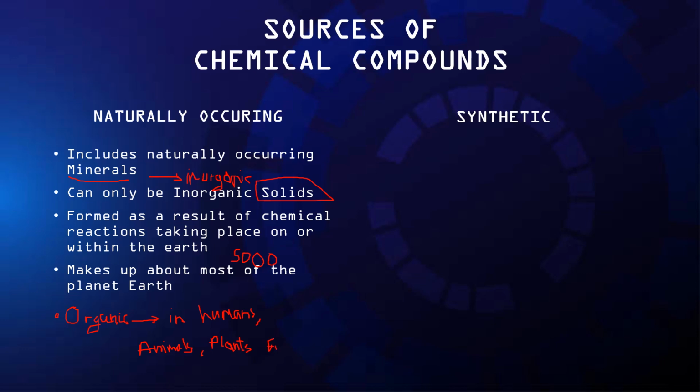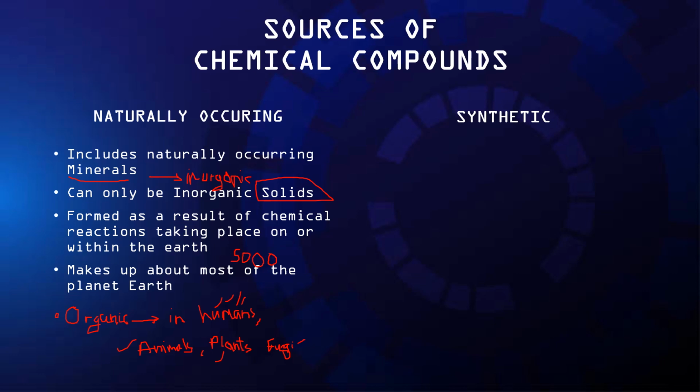Fungi have organic sugars in them. Plants have lots and lots of organic compounds in them. We humans have organic compounds within us. Animals also have them. We have fatty acids, we have DNA, RNA.